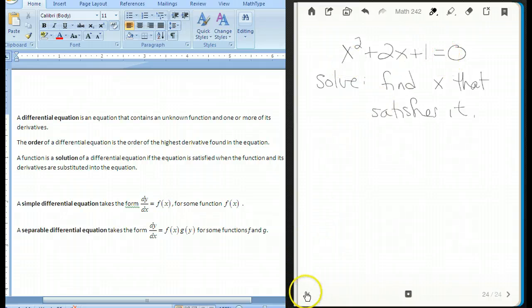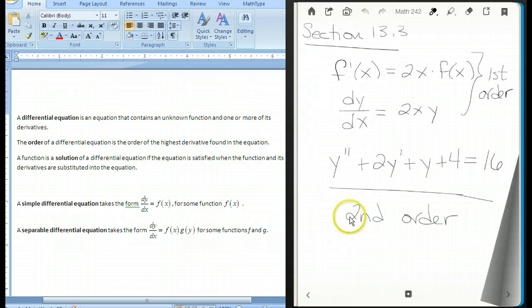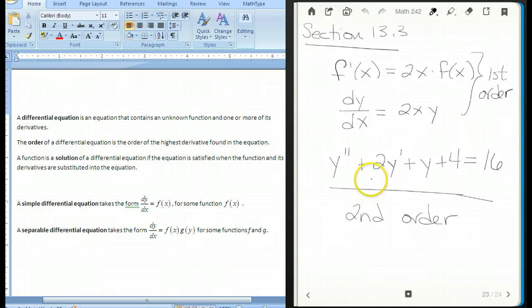We can do the same exact thing with a differential equation. But instead of finding a number for x that we plug in to make a true statement, what we're plugging in are functions and derivatives in order to get a true statement.